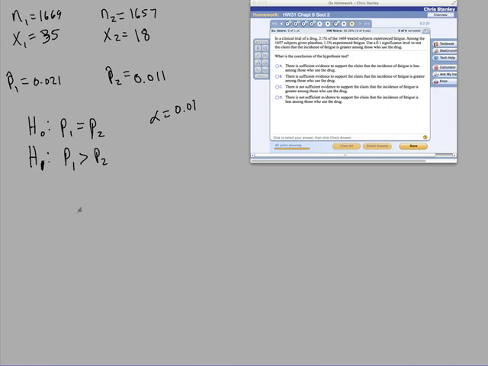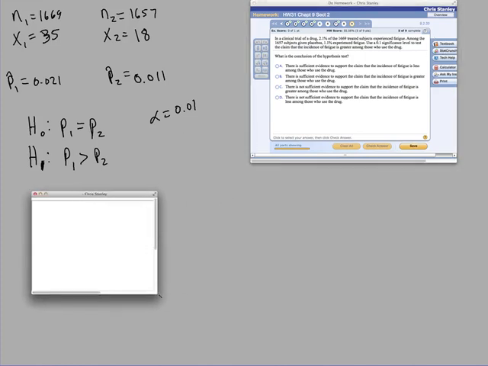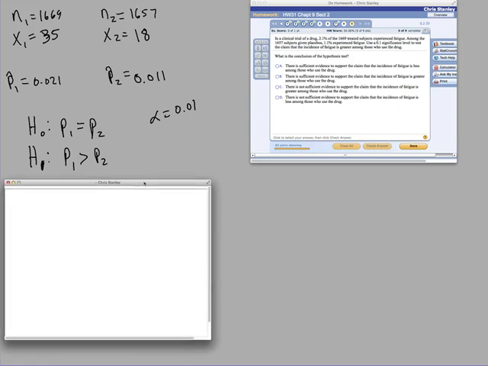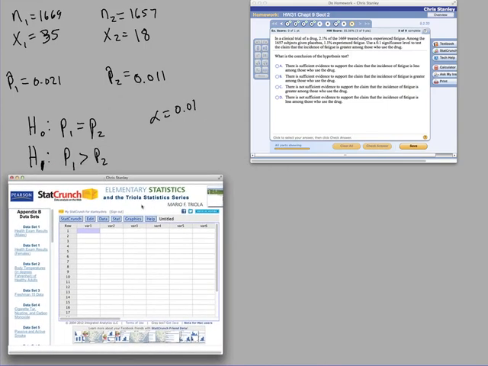Okay, so let's go ahead and do the test. So this is a 2-sample proportion hypothesis test. Okay, proportion 2-sample.